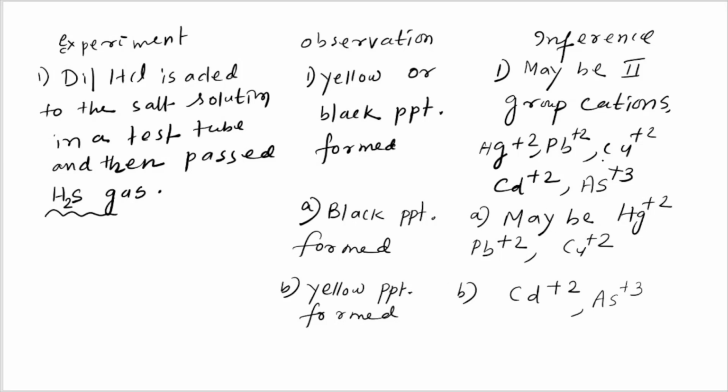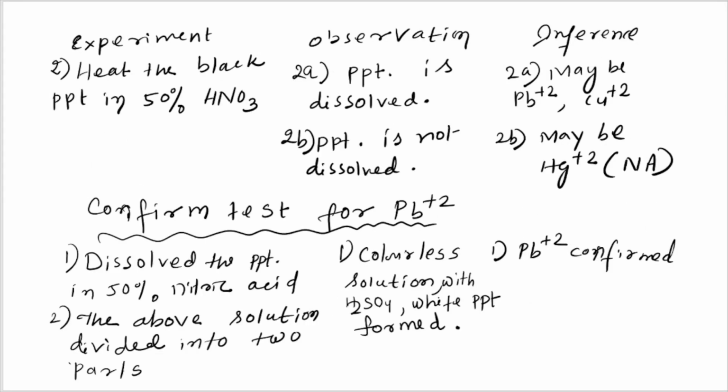Here copper has charge +2, lead has +2, and Hg2+, Cd2+, As3+, and that Cd2+ and As3+ give a yellow precipitate. And I told you lead, copper and mercury give a black precipitate. What is important in the second group? What are the main basic radicals? Lead2+ and copper2+. And here we will see how we will proceed.